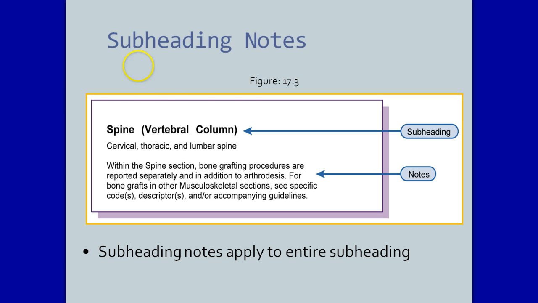Okay, so we have notes in here. Subheading notes apply to the entire subheading. So anything that's related to the spine or the vertebral column, these particular rules or instructions or information can apply to any of the codes listed underneath here. And of course, you all probably already are familiar with how the codes appear in the CPT book.